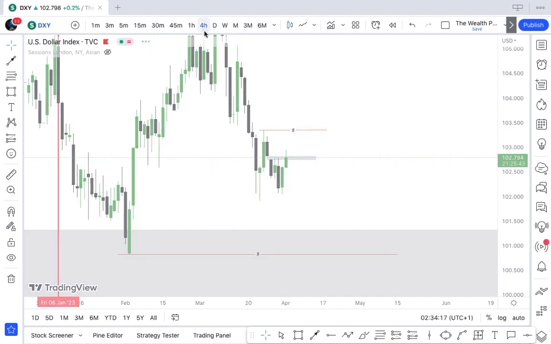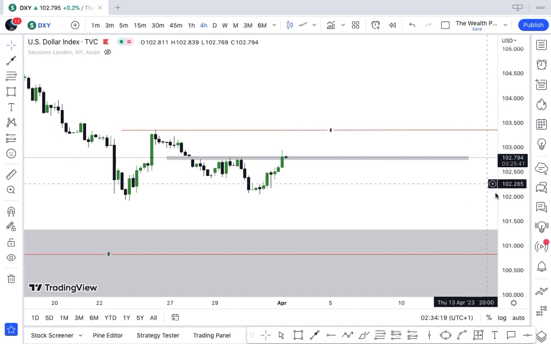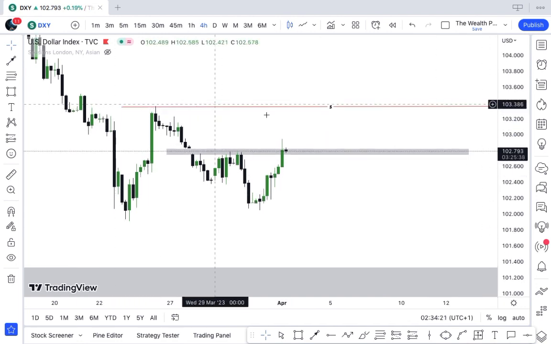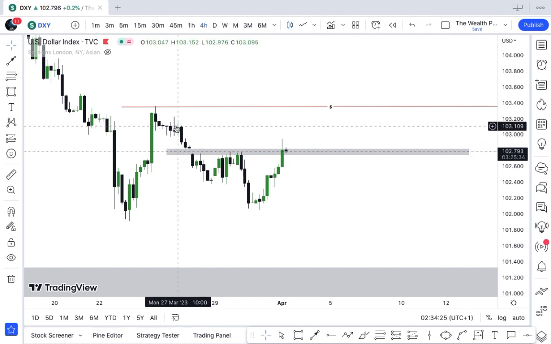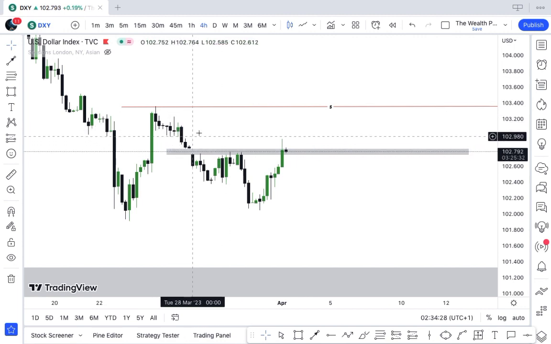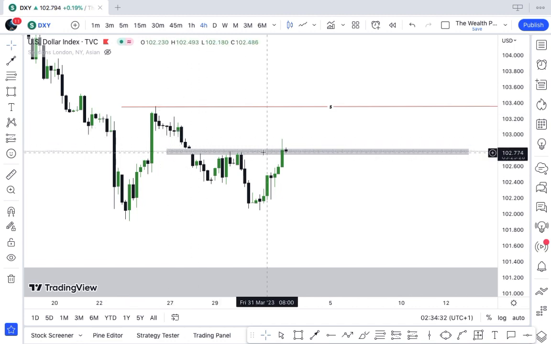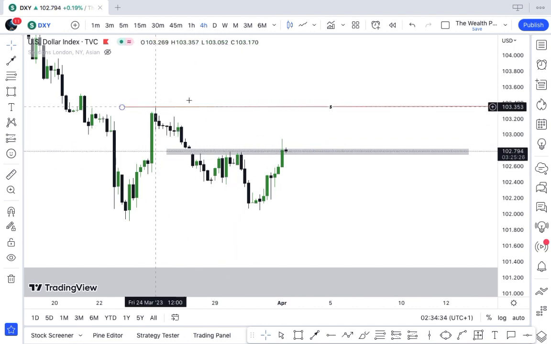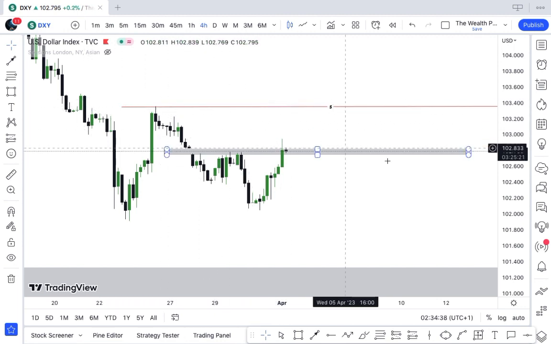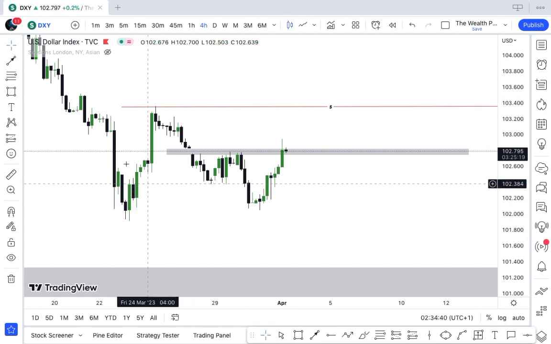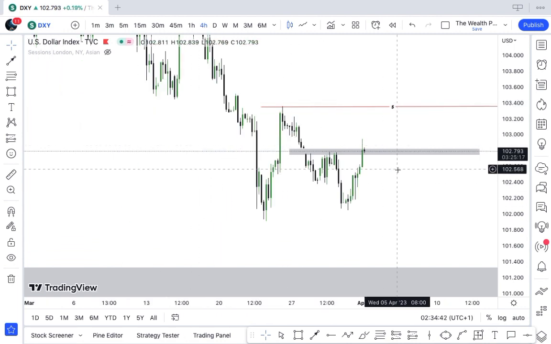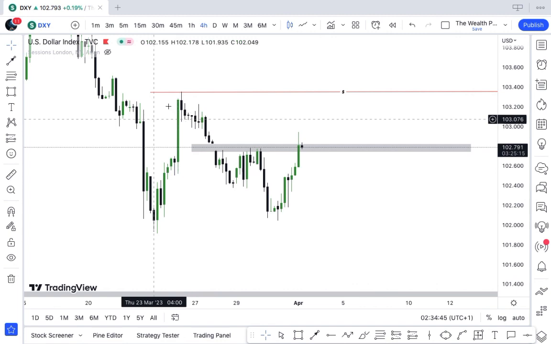So let me drop down to the 4 hours. Okay, so we're not seeing much action for now in the market. But then we have this order block here that could probably serve as a level of rejection for price. But for me, my most probable level to serve as a reference point will be this high.